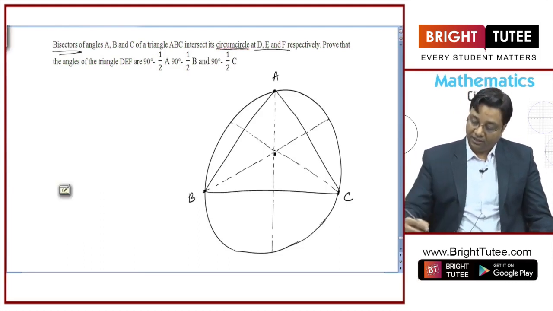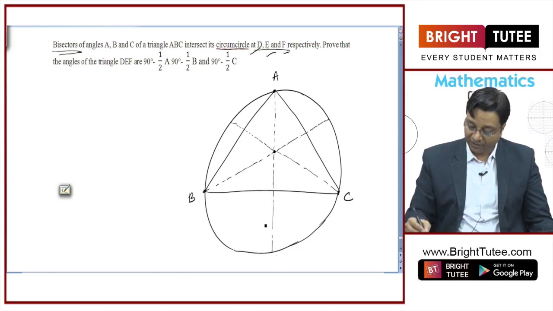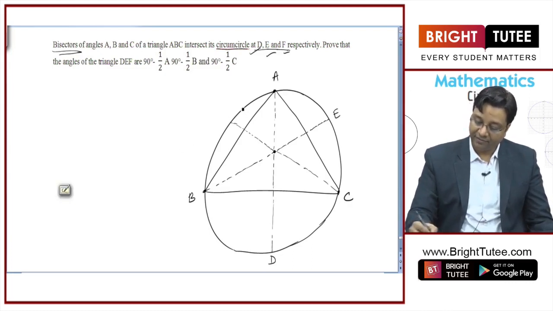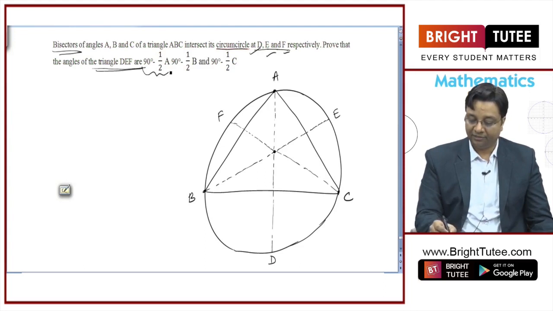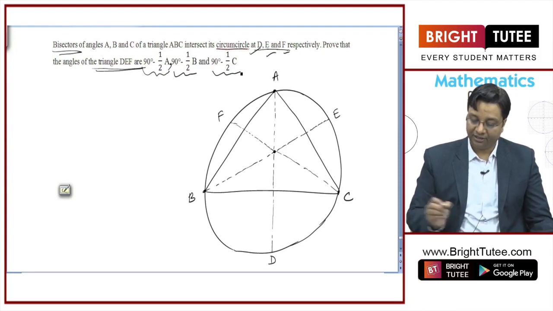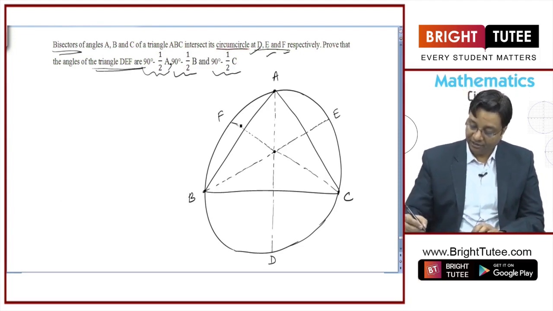Now we are not interested in this point, but we are interested in these points D, E and F. So the bisector of angle A intersects the circle at D, the bisector of angle B at E and the bisector of angle C at F. Prove that the angles of triangle DEF are 90 minus half of A, 90 minus half of B and 90 minus half of C. Let us look at these angles.